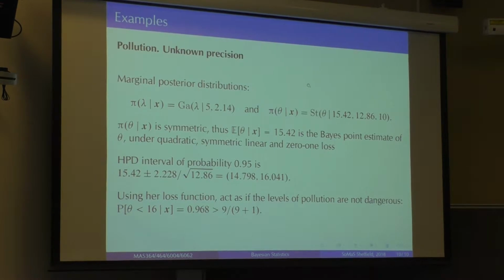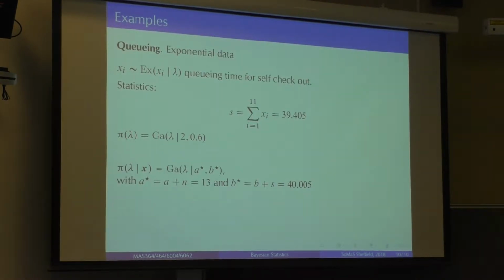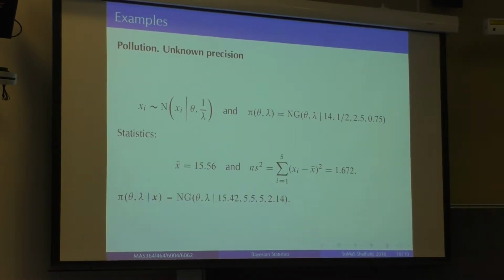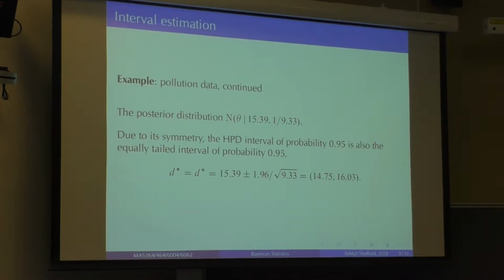So yesterday, we stopped there. We had this example on pollution data where we had Gaussian data with a known mean and known precision. We had a Gaussian prior. We've worked out that the posterior will be Gaussian with a mean that is a weighted average of the MLE and the prior mean.